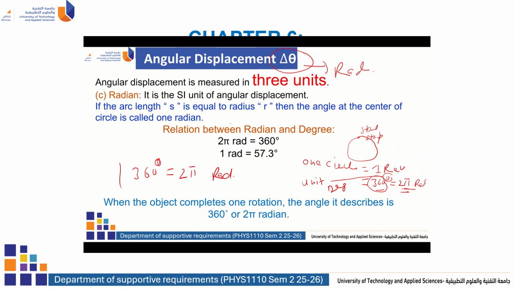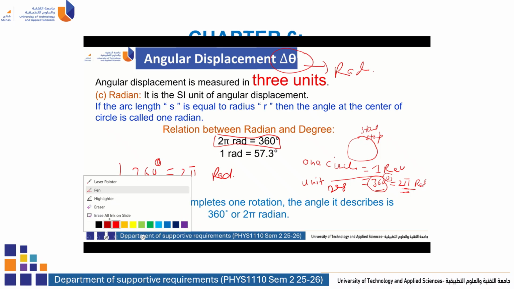This is the relation: 2 pi radian is equal to 360 degrees.